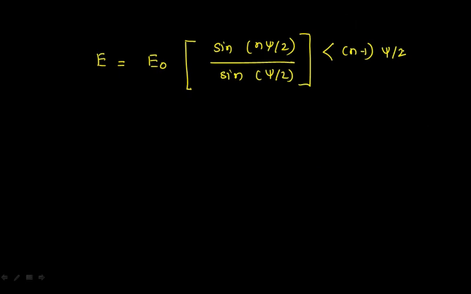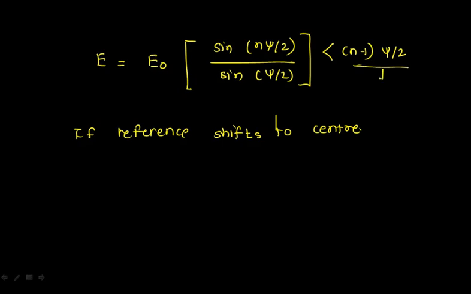Now this total electric field you have considered when your source 1 is the reference. What will happen if the reference shifts to 0 or the center? If my reference shifts to the center, the phase term will reduce to 0.